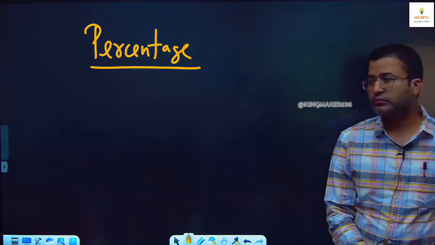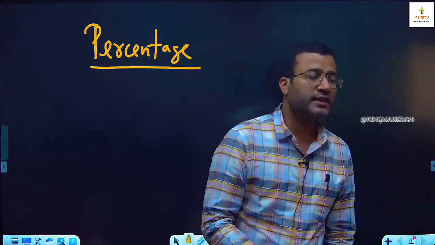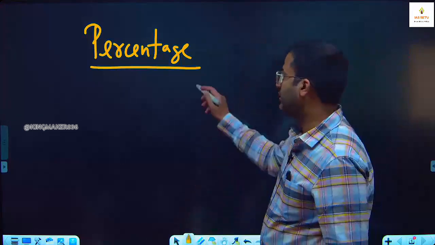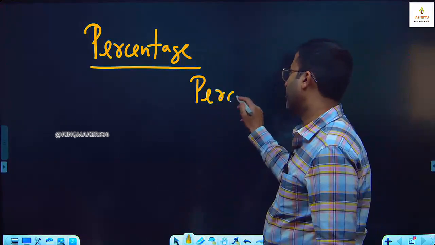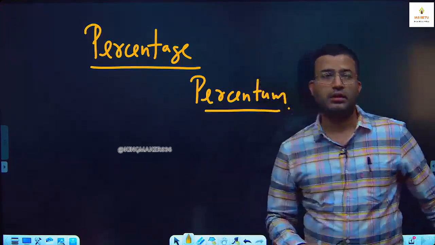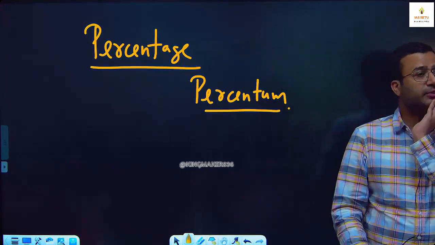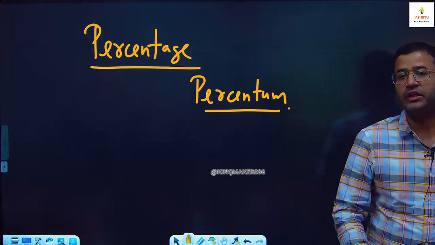Okay. Now here just the basic idea. This word percentage is derived from a Latin word, percentum. Centum, like century, means 100 part.